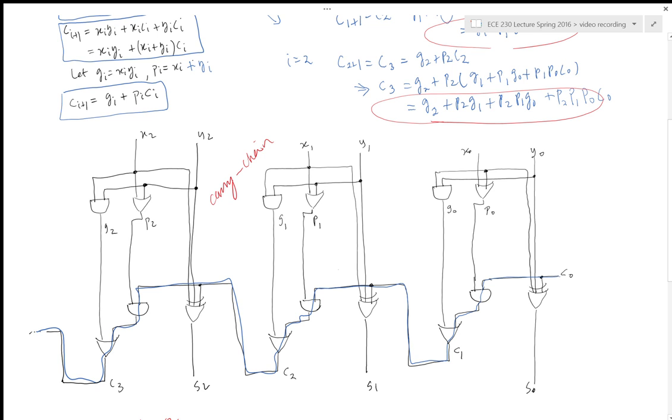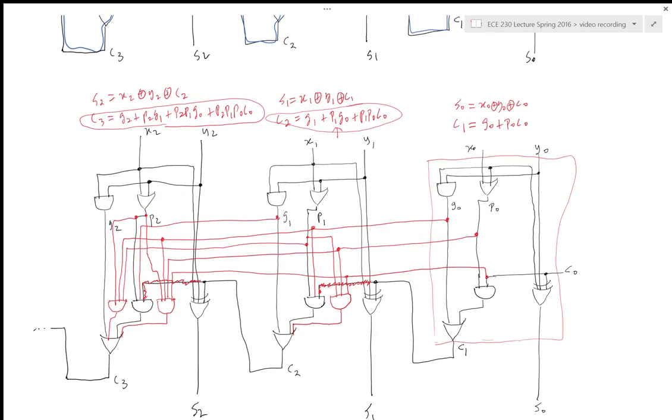As you see right here, this is a 3-bit carry chain adder, or another way to call it is a ripple carry adder. And this is the carry-lookahead adder. Hopefully this makes sense and hopefully it helps.